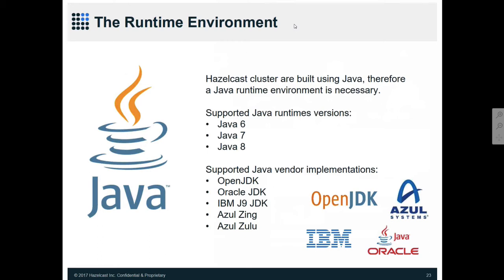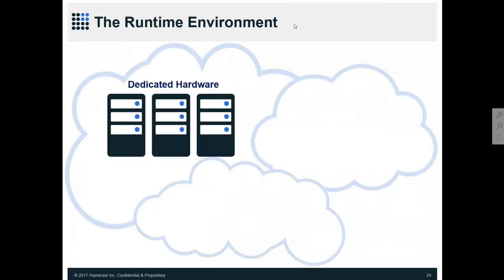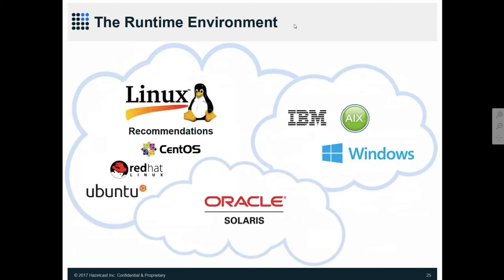The harder part actually is Hazelcast always recommends dedicated hardware. I know this is against today's trends, but the reason is simple. When you have a cluster with high load, high read rate, you really don't want to have the hardware or the resources being shared. So Hazelcast itself always recommends dedicated hardware. However, we understand that is normally not going to happen.